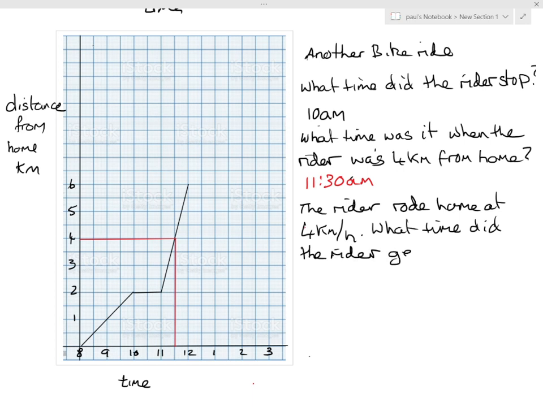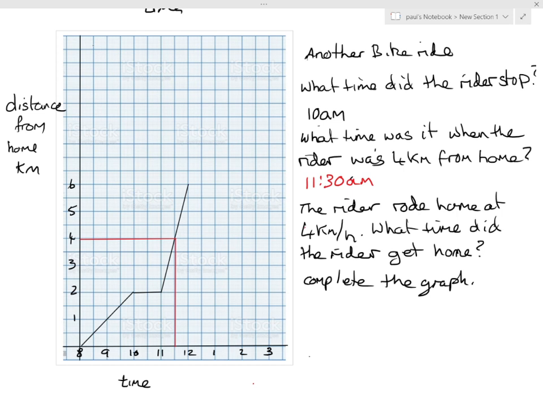Didn't put a name in, did I? So I've got to keep writing the rider get home. Okay. So, oh no, that's a different thing. Yeah. And then complete the graph. Okay, so I'm going to complete. No, I can't complete the graph until I work it out.